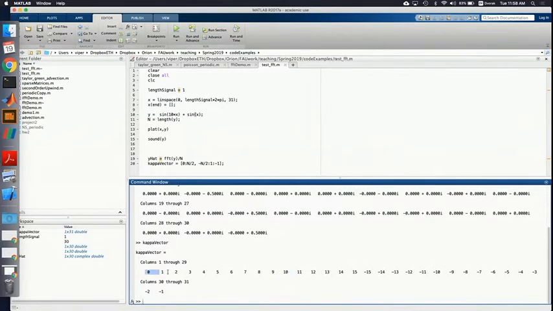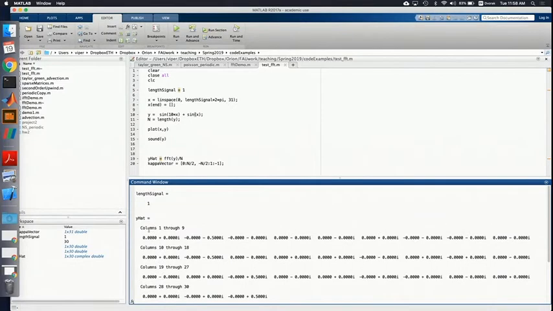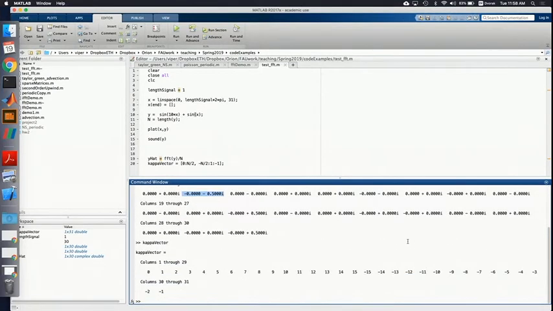That's the 11th element because it starts at 0. 9, 10, 11. Yeah, there's a non-zero term. And then minus 10 should be non-zero. So let's see, 1, 2, 3, 4, 5, 6, 7, 8, 9, 10. Yeah, that corresponds to minus 10 over here.